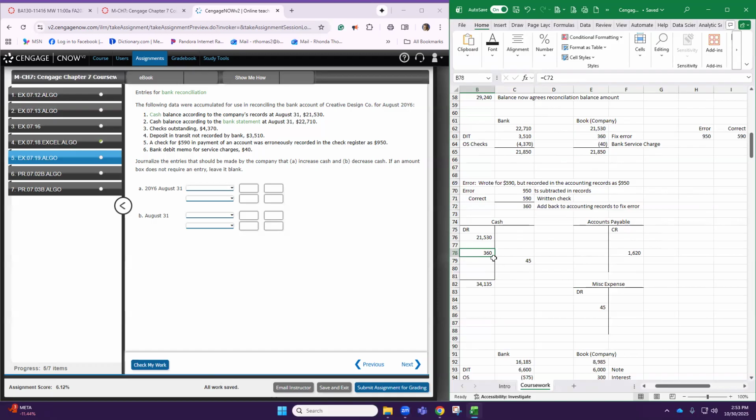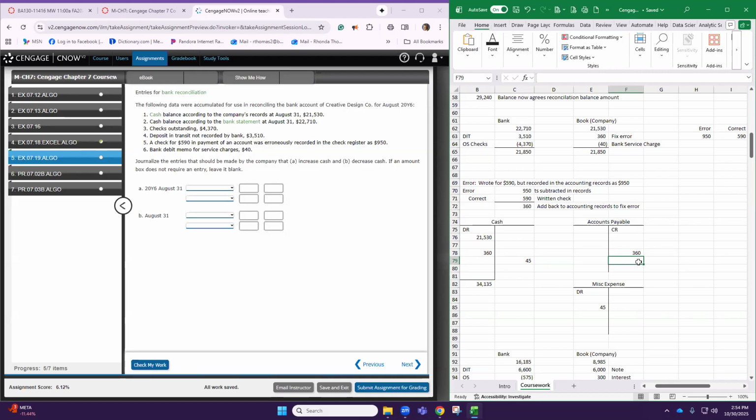So there is adding back the error. Okay, let's see which one they want first. I guess we want to make an increase in cash. So that's the error. So you say, well, where does the credit go? The credit goes to accounts payable, because we paid a vendor and we put it in wrong. So we made it look like we paid them $950 when in fact we paid them $590.